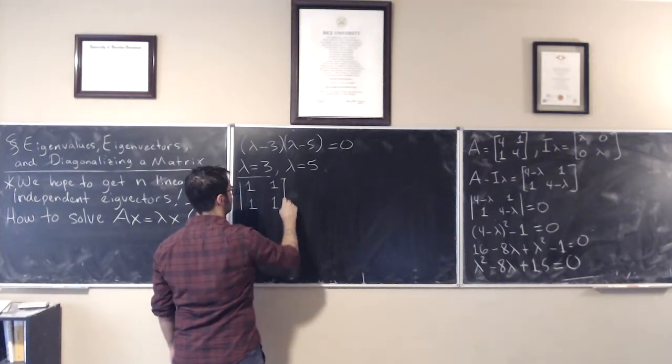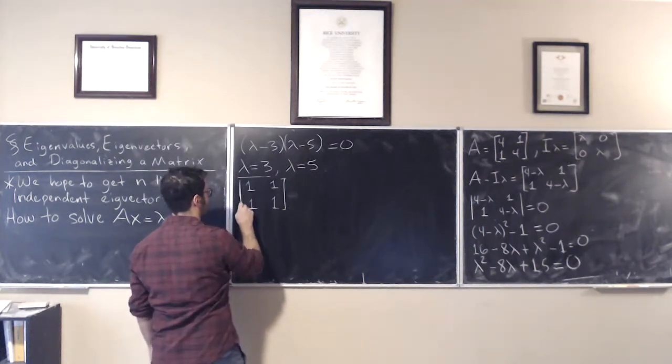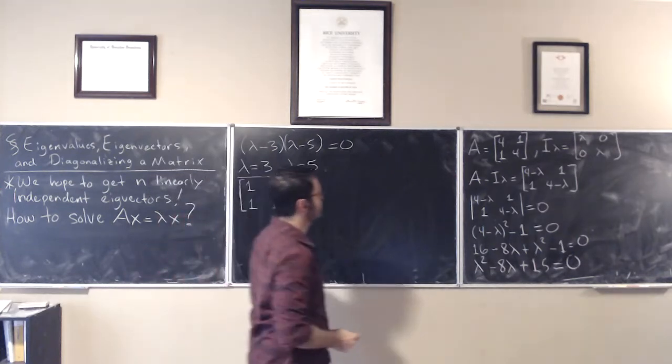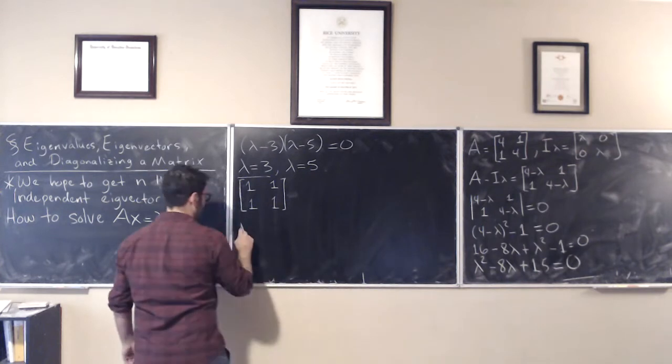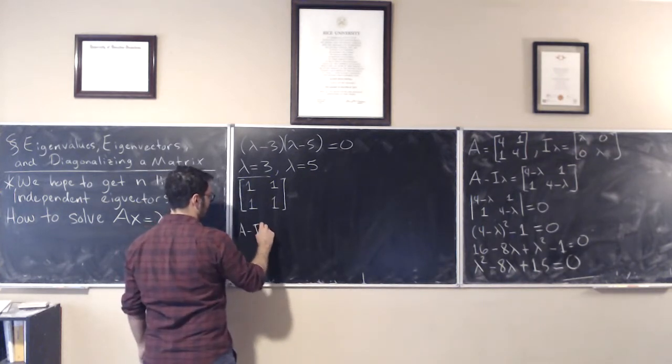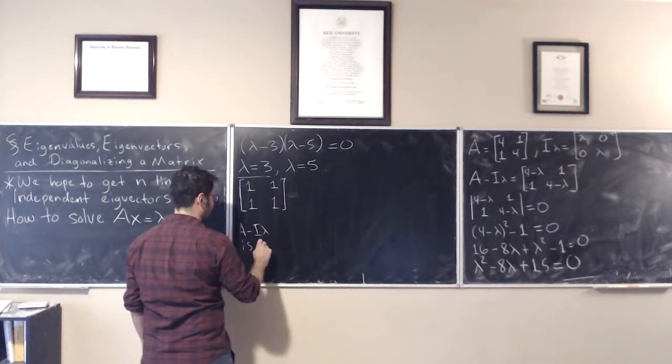We know that, not the determinant, sorry. We know that this matrix is now singular, right? Because A minus lambda times I is always singular.